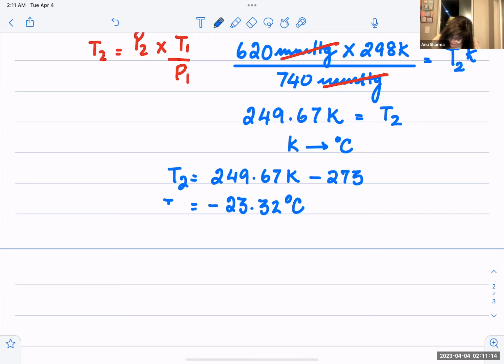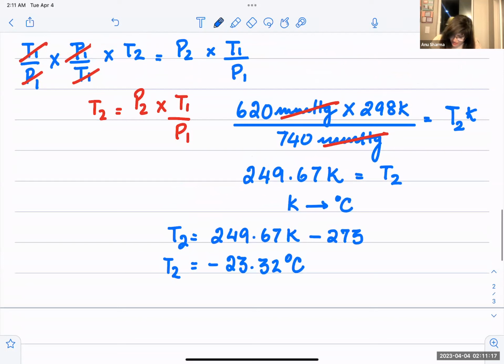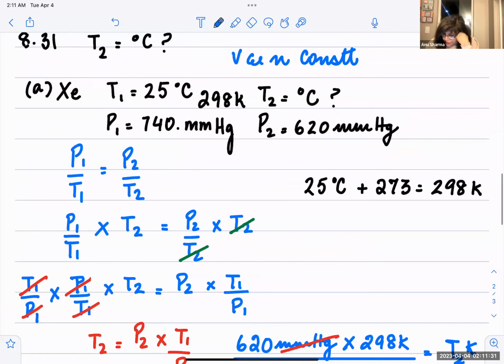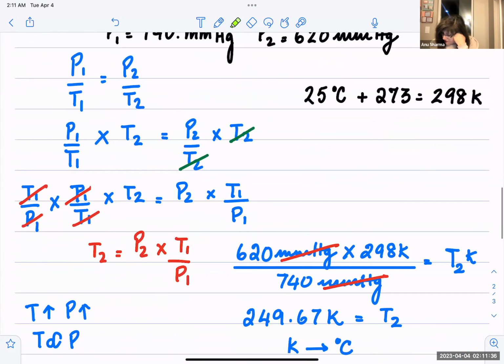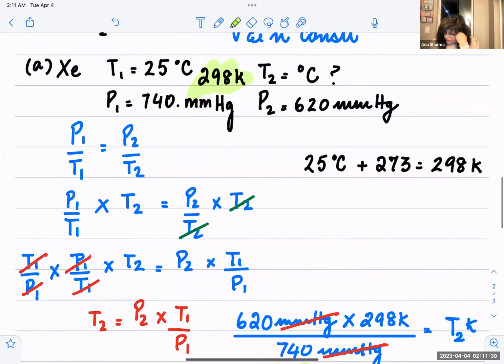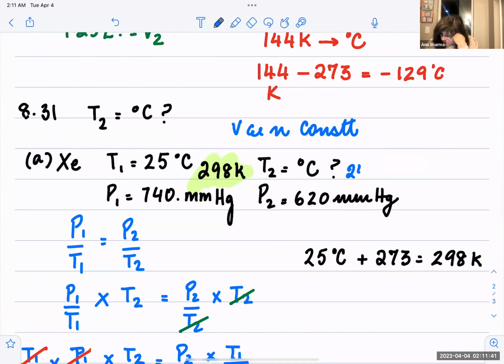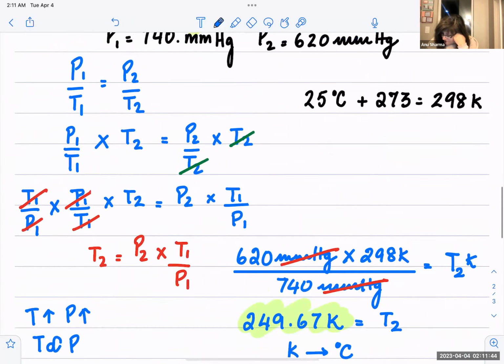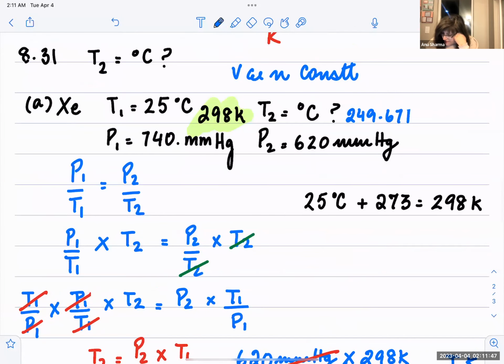All right, so that's the value of the final temperature. Remember that when the temperature goes up, the pressure also goes up, because temperature and pressure are directly related. You can check your answer: the initial temperature is 298 K and we got 249.67 K, which is negative 23.32 degrees Celsius.